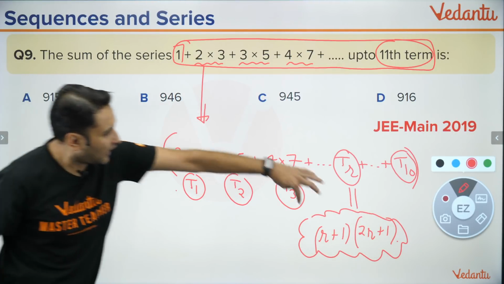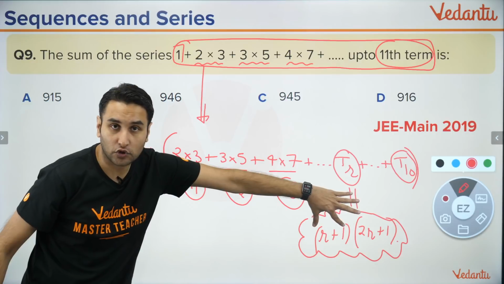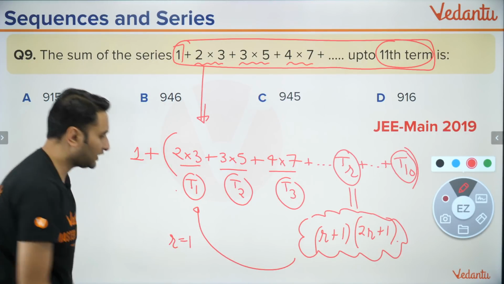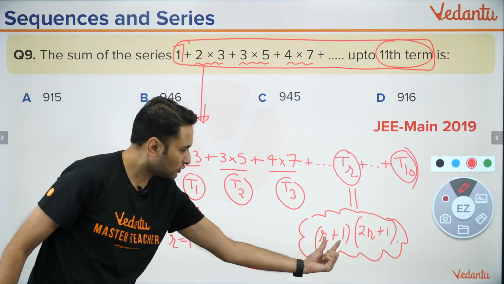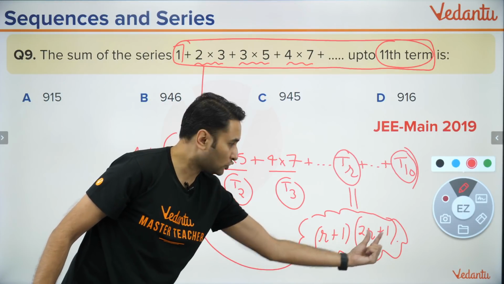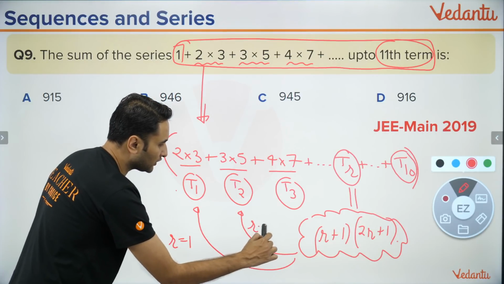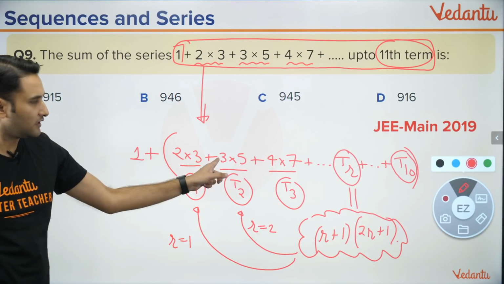कैसे? देखो r को 1 पुट करो, put r is equal to 1, ये कैसे आएगा? Check it. r को 1 पुट करो, 2 into 1 2, 2 plus 1 3, right. Put r is equal to 2, देखो क्या आएगा, ये आएगा.